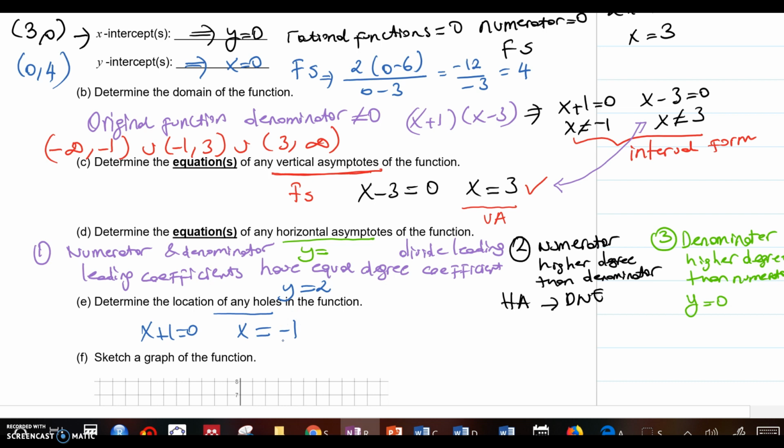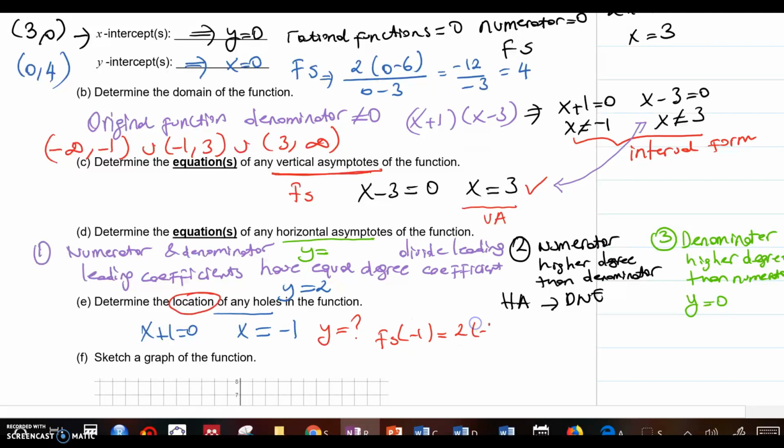All right, so now x equals -1 is the value of x for the hole, but they're asking for the location. So what would be the y value? That's what's important for us. We need to do that also. So we're gonna go back to the simplified version again, and we're gonna plug in -1 there.